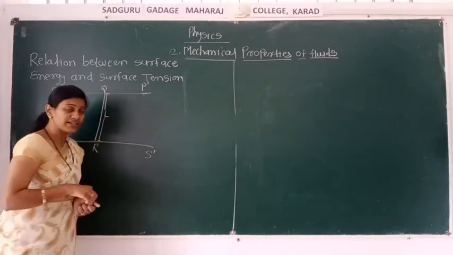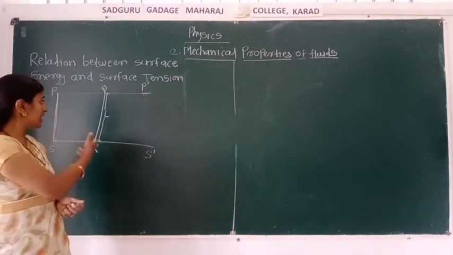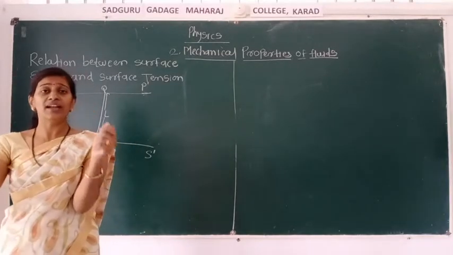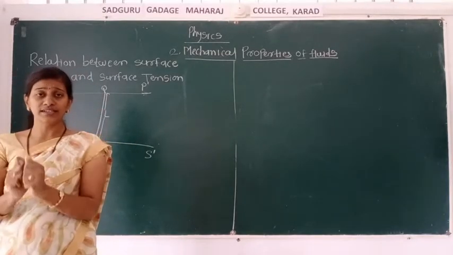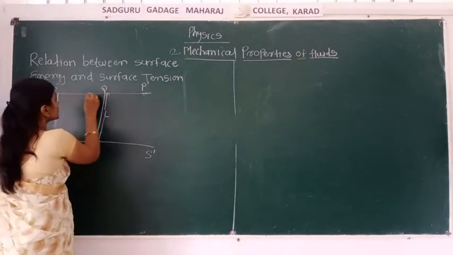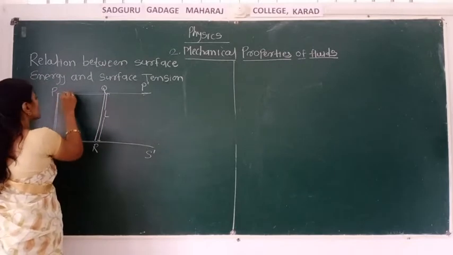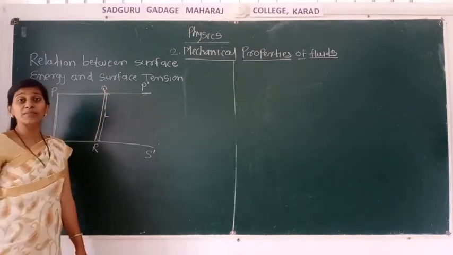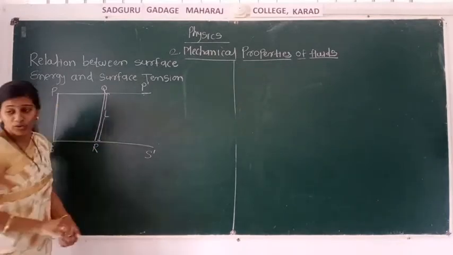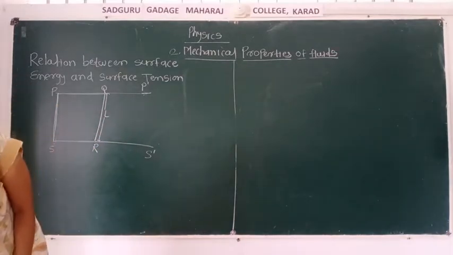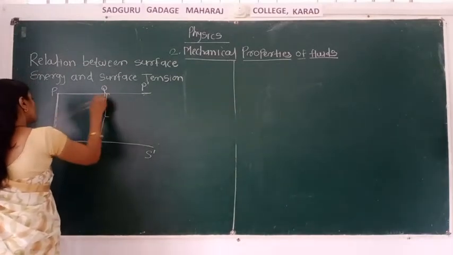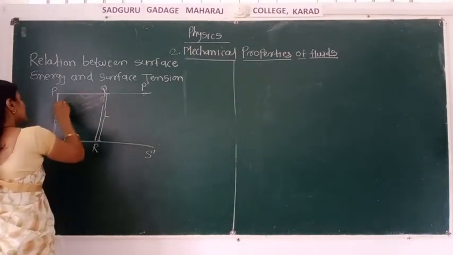Now what happened? We take a soap solution. That frame is dipped in that soap solution. Then we hold the frame horizontally. At that time we can see the soap solution is present there. That means the soap film is present in the boundary PQRS. Why is this film found?